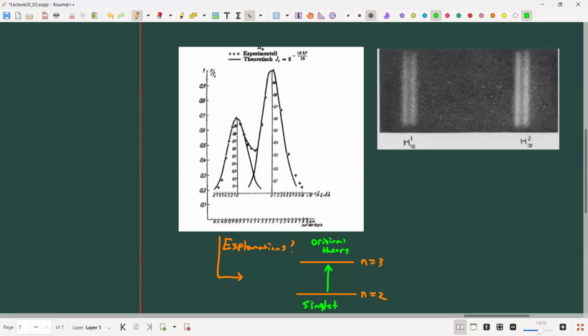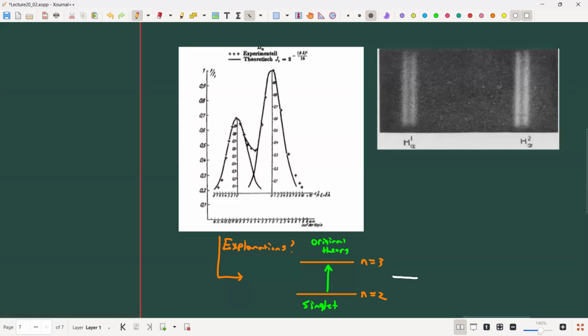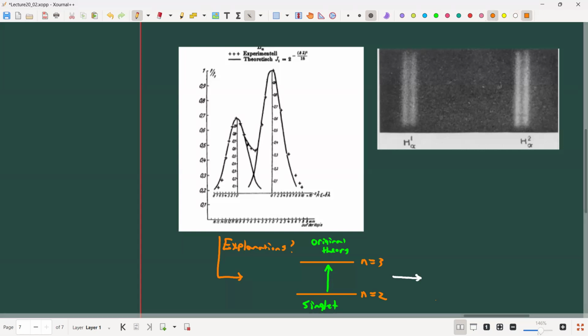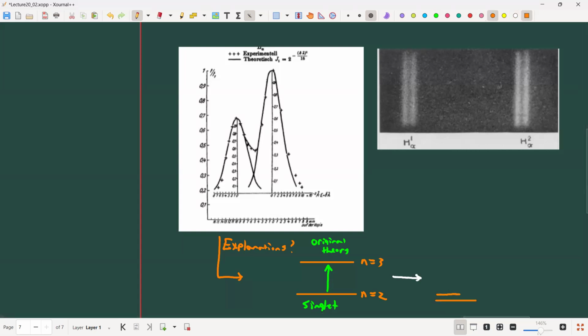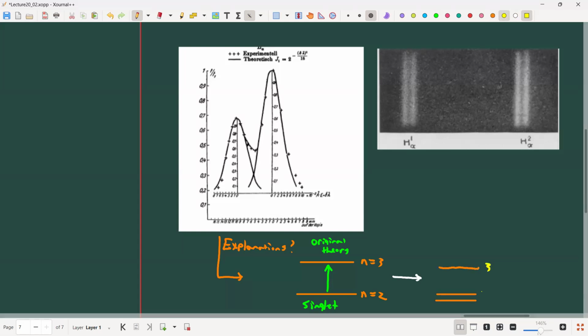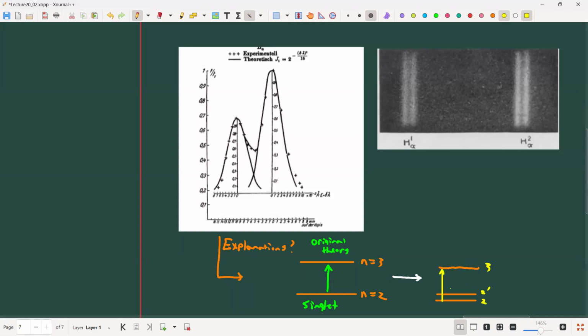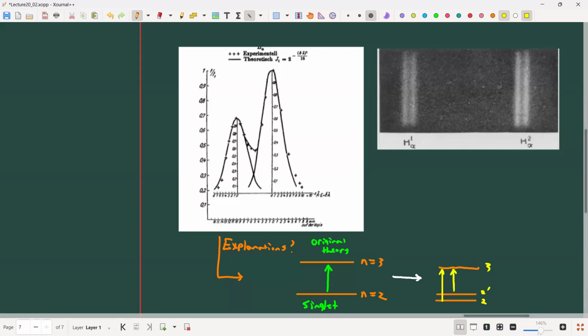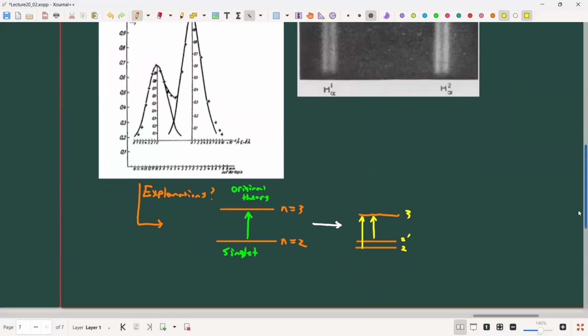And there's a couple of possibilities. One is that we have two different states in the same final state. Call this 2' and 2. Right? And we have two lines of slightly different wavelength. That's a possibility. Another one is the opposite, of course, where you have one ground state and a split upper state.